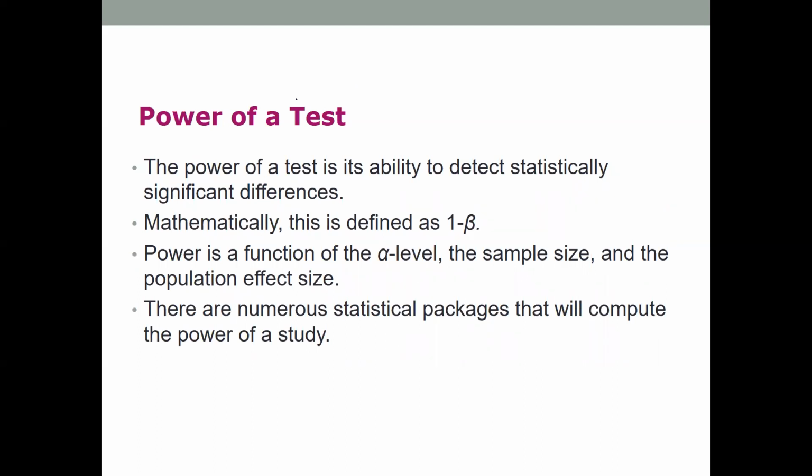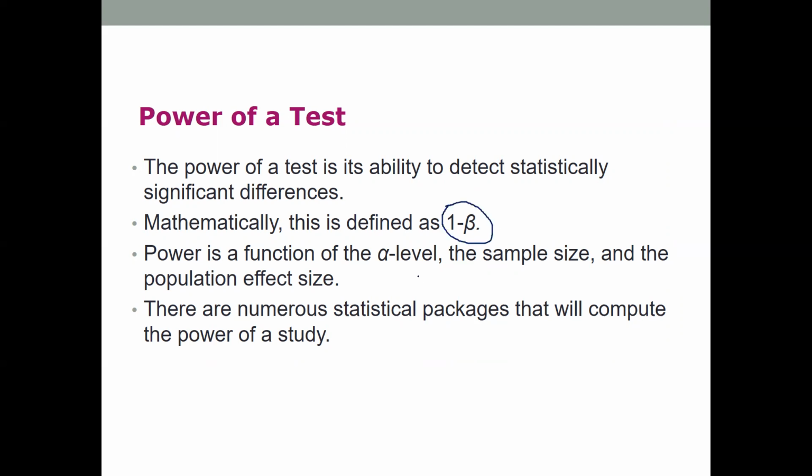Next is the power of statistical tests. The power of a test is its ability to detect statistically significant differences. When we run inferential statistics, the power of the test is really its ability to find those differences. Mathematically, we define power as 1 minus beta.